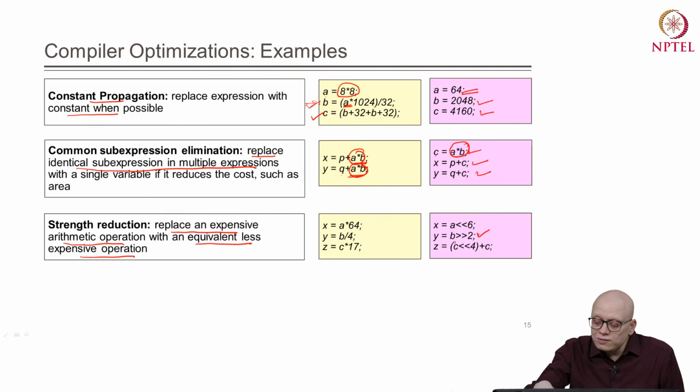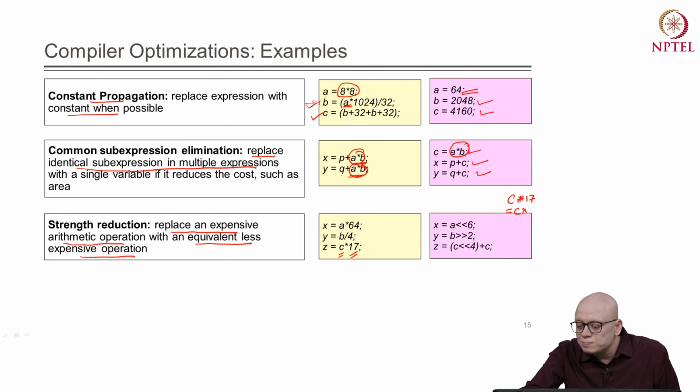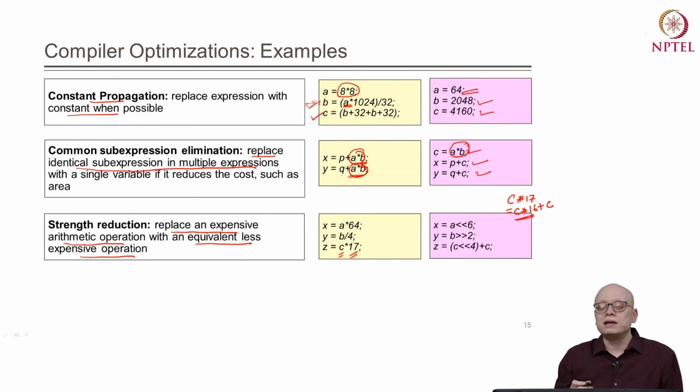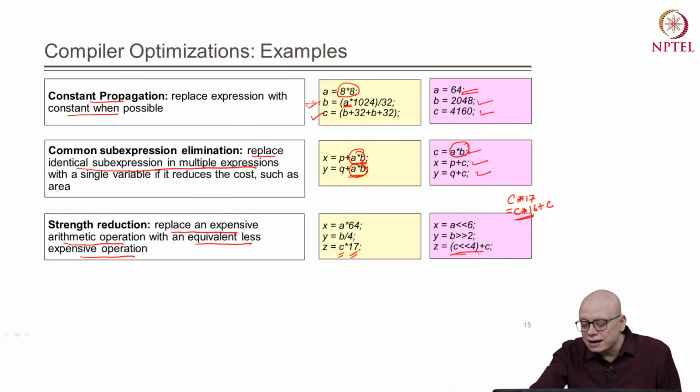Now, if we have an expression where, say, C is multiplied by 17, we can consider it as C multiplied by 16 plus C. Now, C multiplied by 16 can be evaluated by shifting left 4 times and then adding C to it.